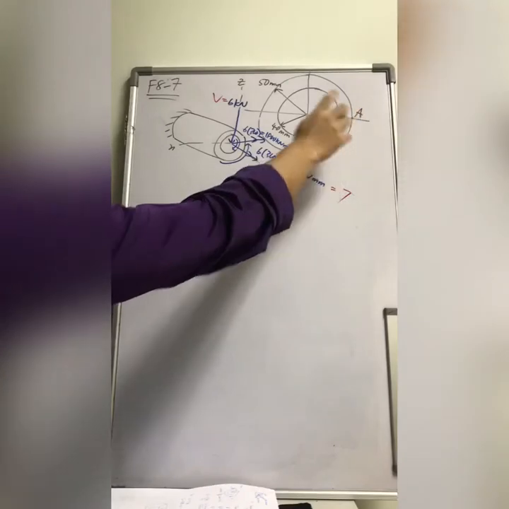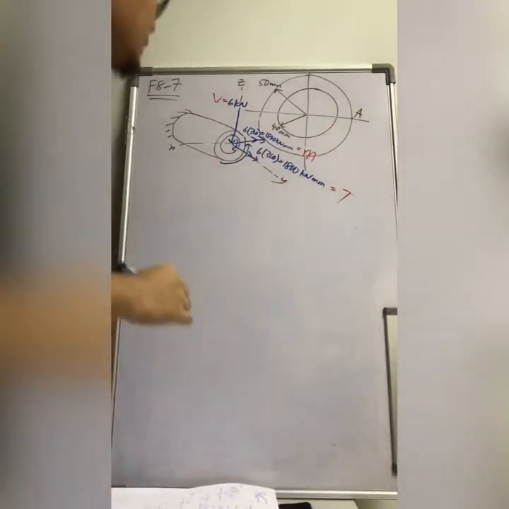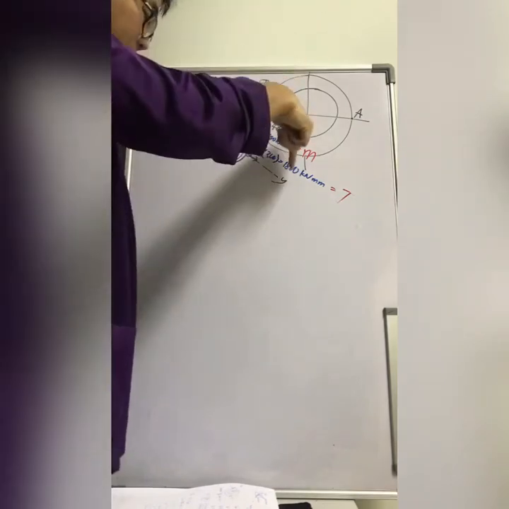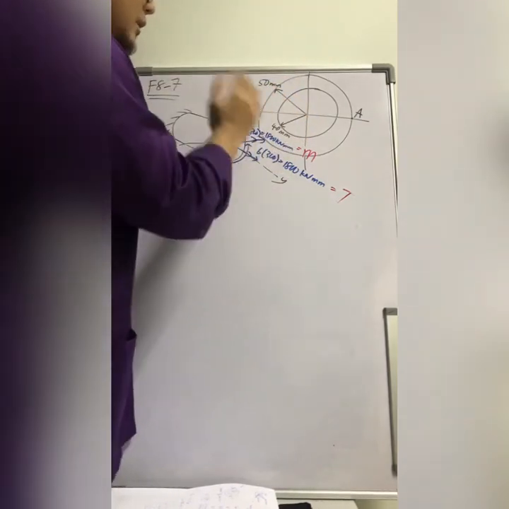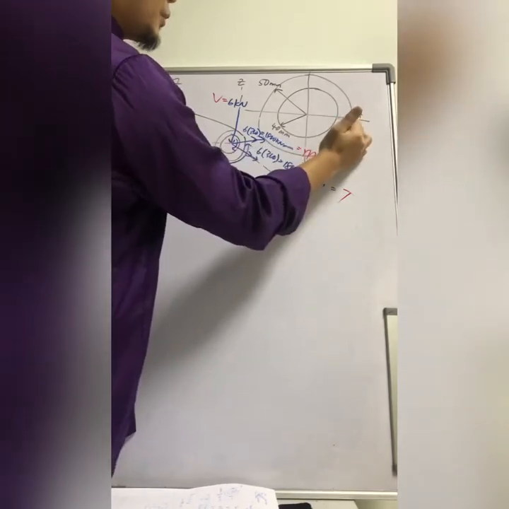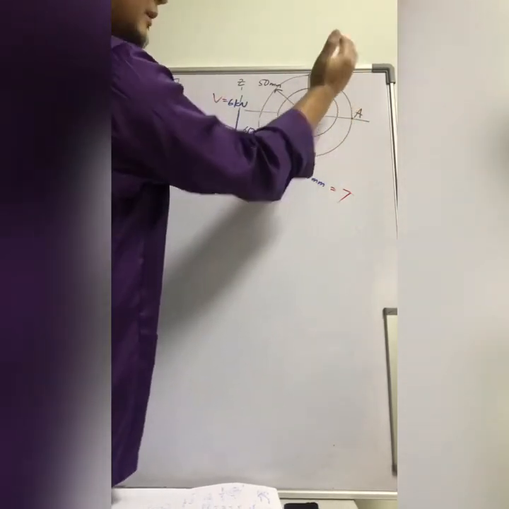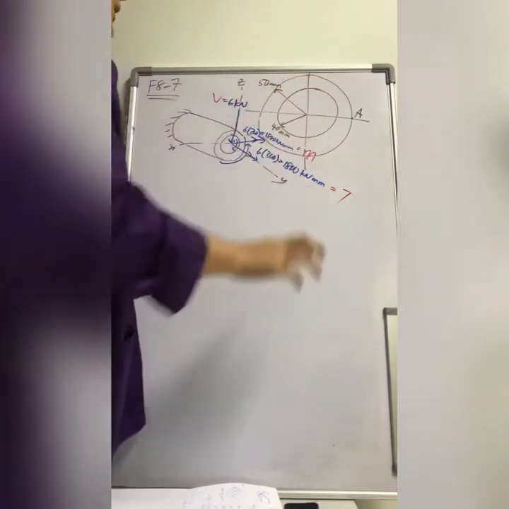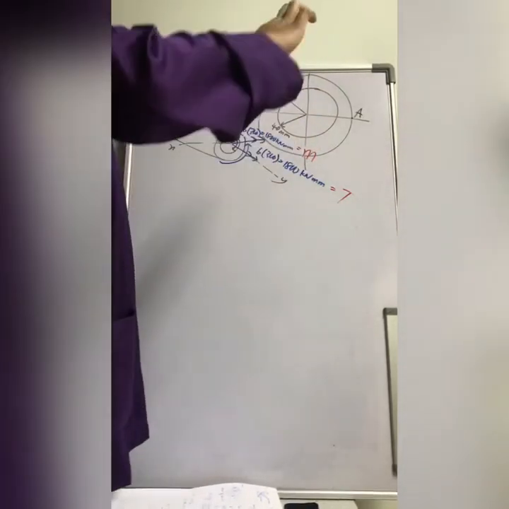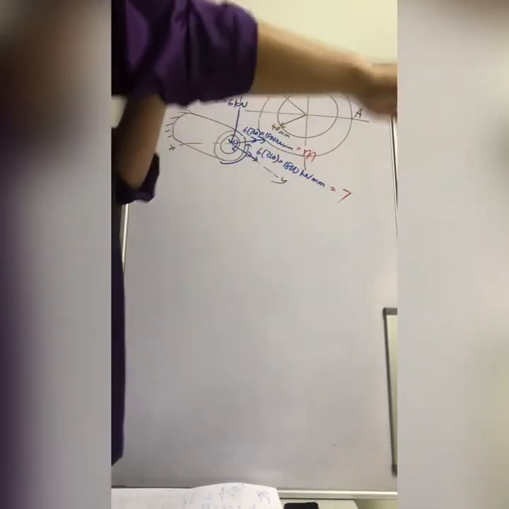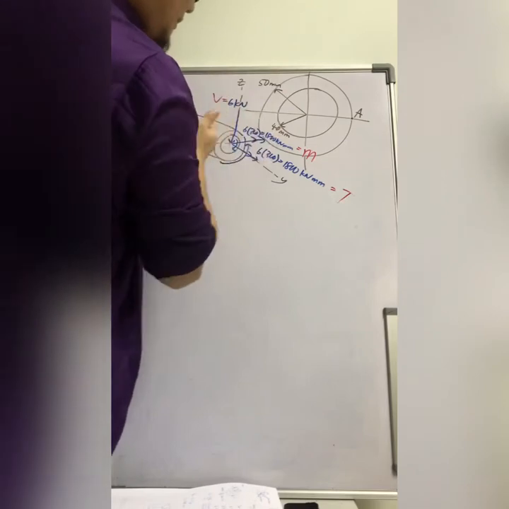For point A, which is located here, please understand this. This V goes down like this. This torsion goes this way, so for point A, it goes up. Bending moment, how does the bending moment go? Going this way.